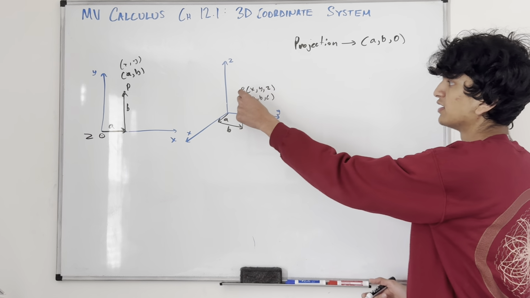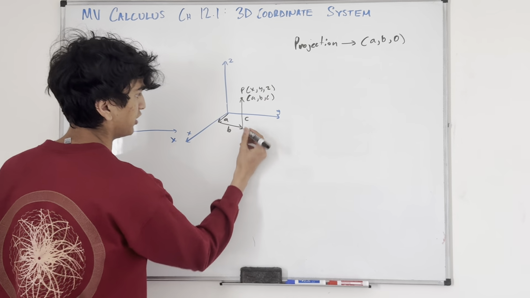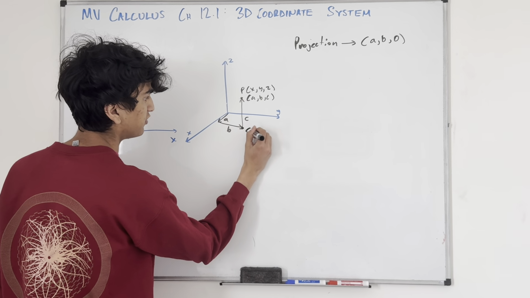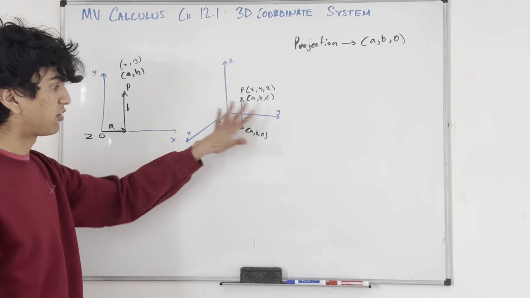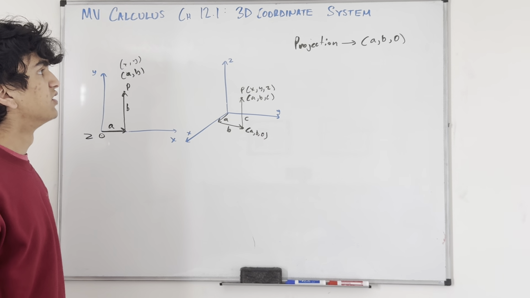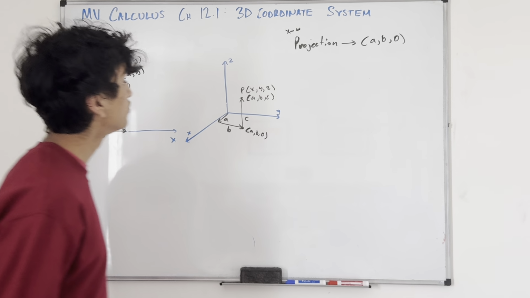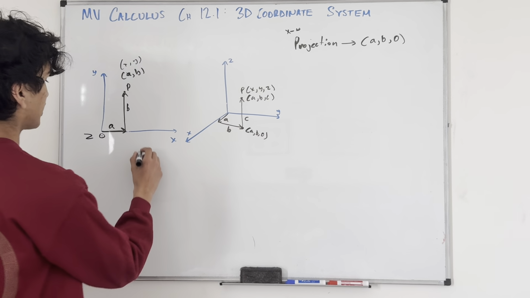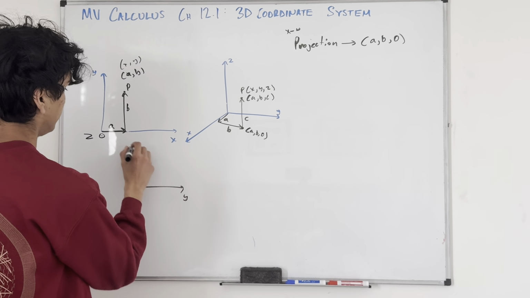If we were to project point P onto the XY plane, you get a point right here, which is just (A, B, 0). So this is the XY projection. You can do the same thing if you imagine looking at the YZ plane.